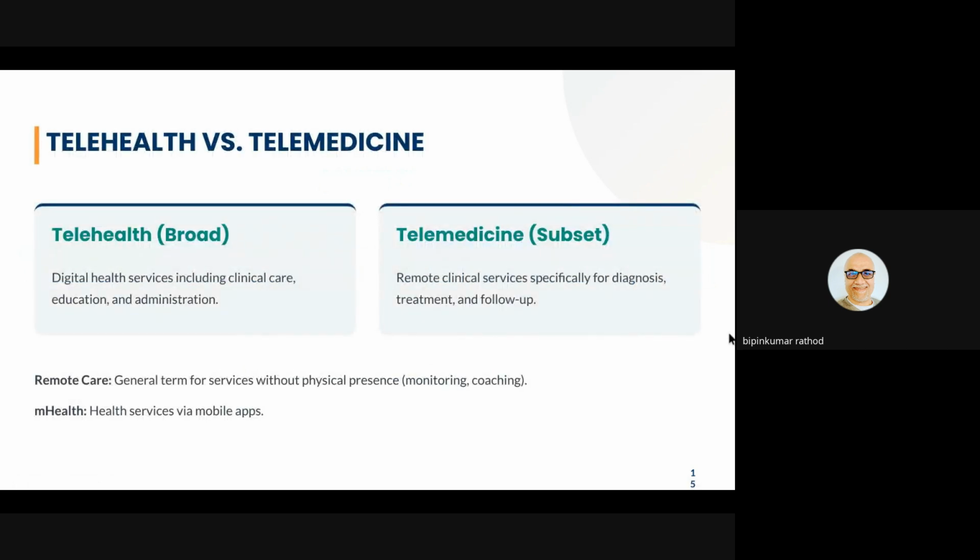So here's the broad identification of telehealth and telemedicine. Telehealth is a broader coverage of healthcare. And telemedicine is very specific for diagnosis, for treatment, let's say, diabetes or hypertension. So it's a specific subset, a telemedicine consultation from the specialist.